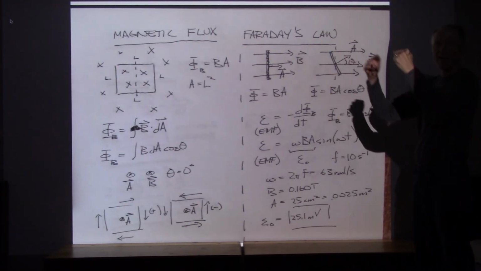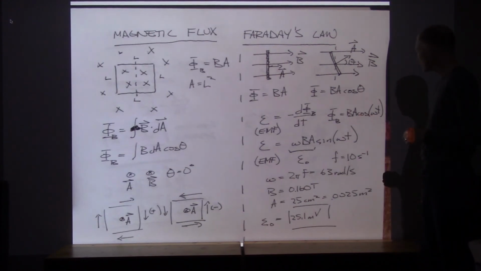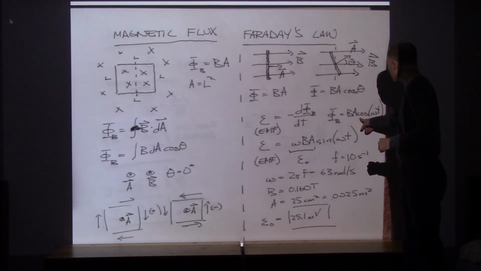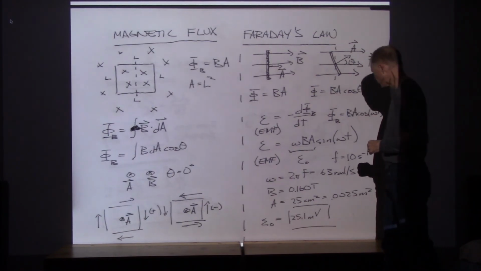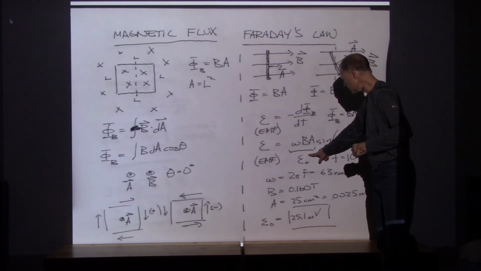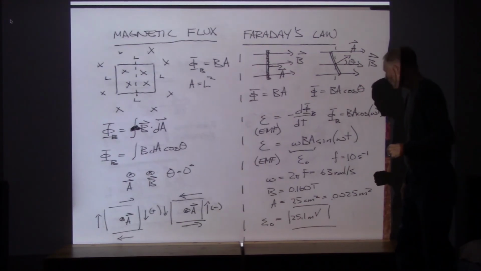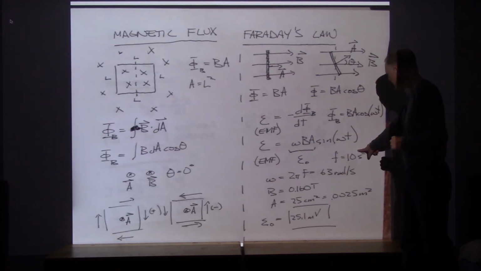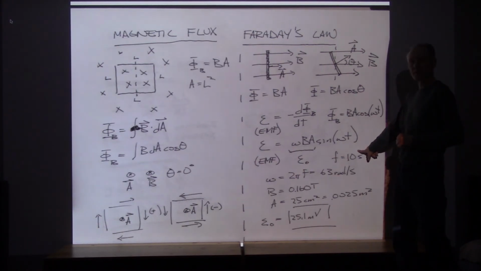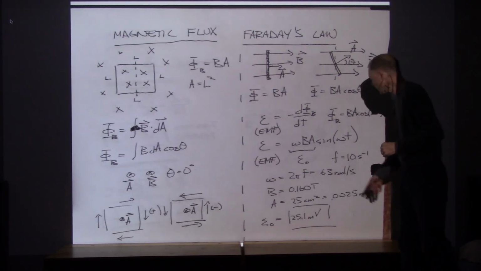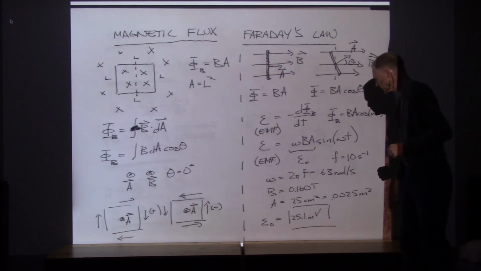The omega that I have here, I'm using as a constant. And since I took the time derivative, that brought out a factor of omega. And to determine what the EMF is going to be, well, I need a value for omega. So I picked 10 rotations per second for a rotation rate. That gave me 63 radians per second.